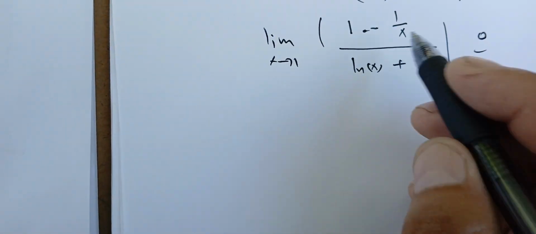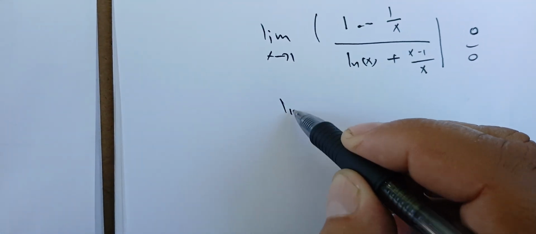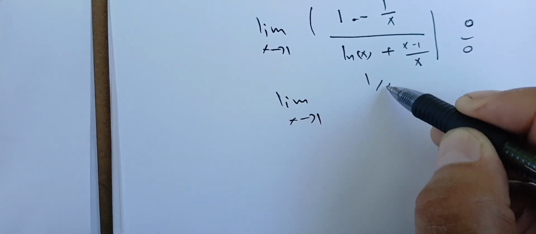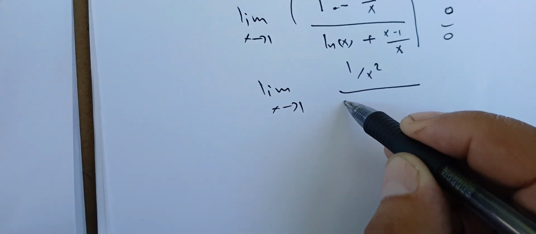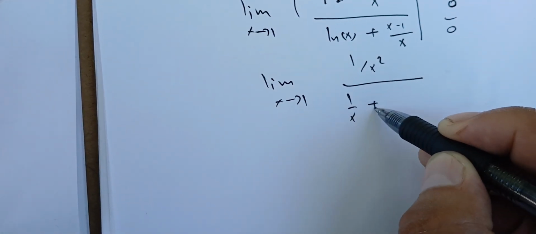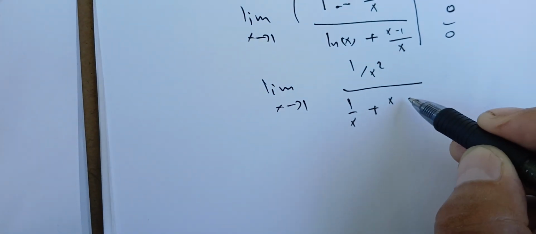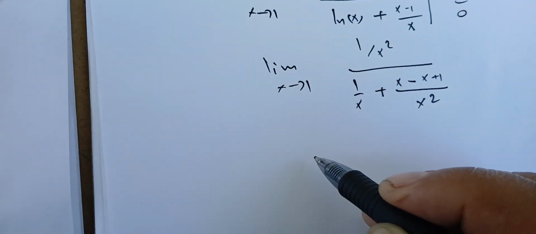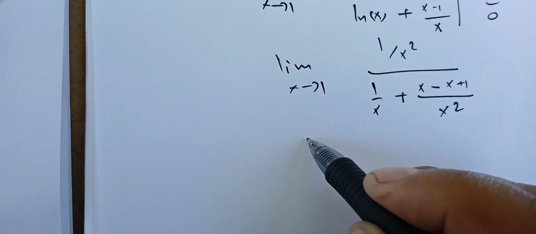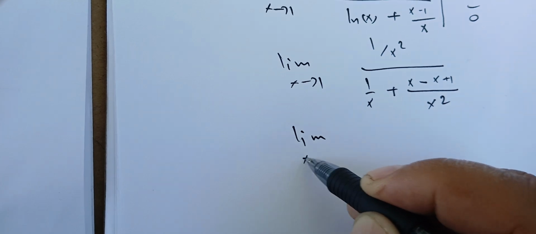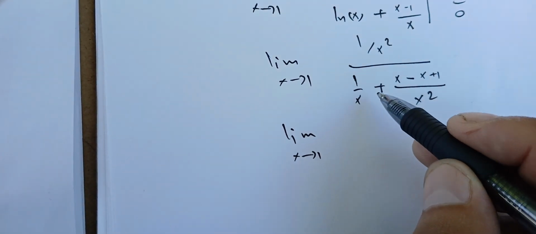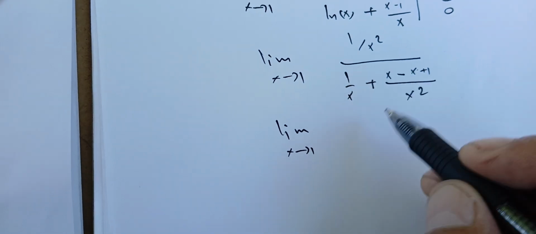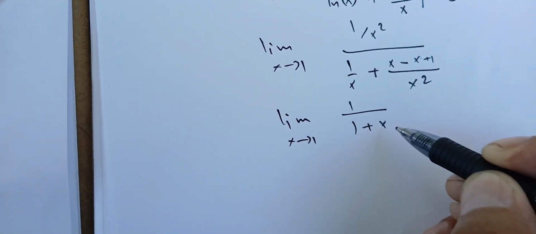So now we differentiate again. We're going to have the limit as x goes to 1 of 1 over x squared on top, and in the bottom we're going to have 1 over x plus x minus (x minus 1) over x squared. If we try to write this nicely, multiplying by x, we're going to have 1 over 1 plus x.